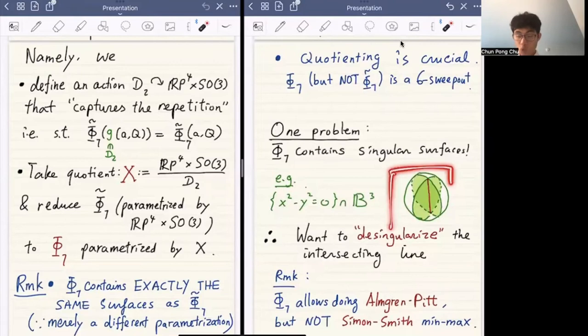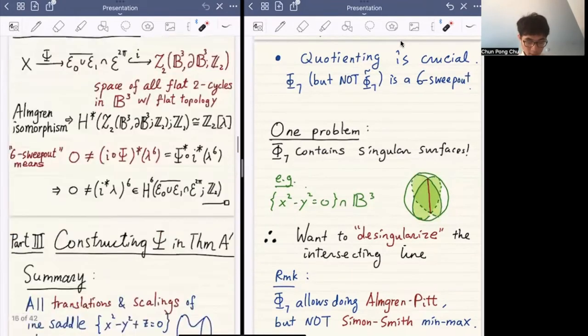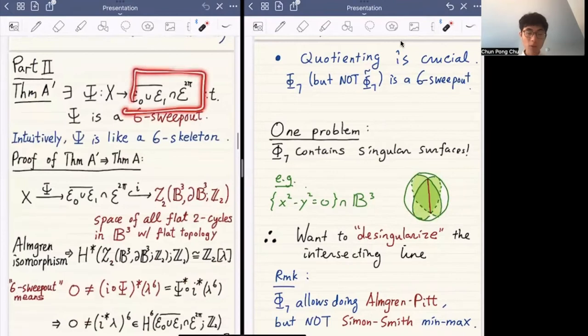So we get 2 planes and it has a singular line. A singular line is not allowed because in this space, we only allow surfaces with finitely many singularities. The line has infinitely many singularities, so it's not allowed. Therefore, we want to, in some sense, desingularize the intersecting lines.